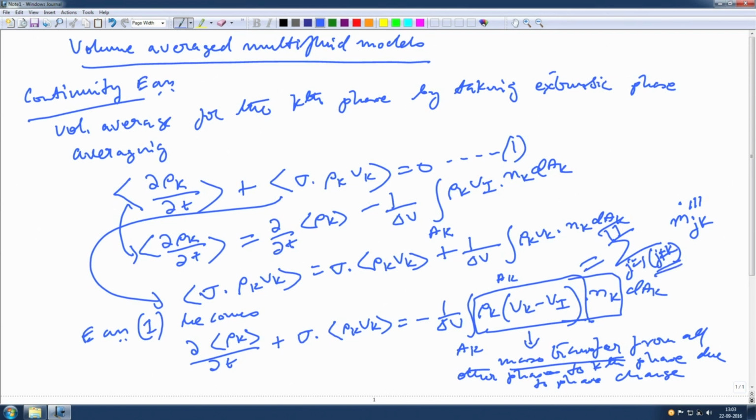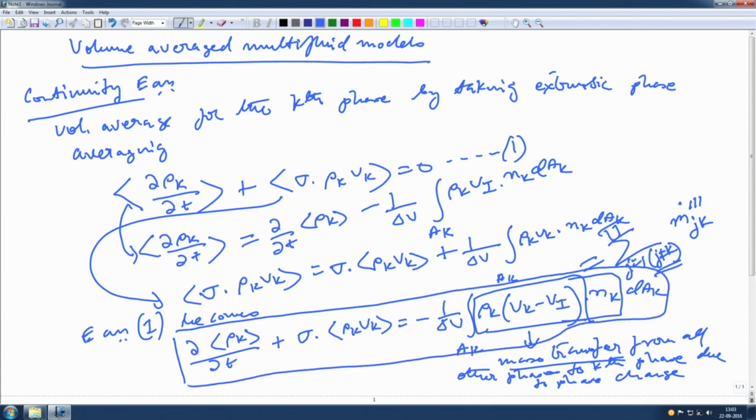So, this is the transport equation when you do the phase averaging, and it represents the phase average. In the next lecture we will extend this and see in what ways it can be used for developing the other equations, which are the volume averaged multifluid models.